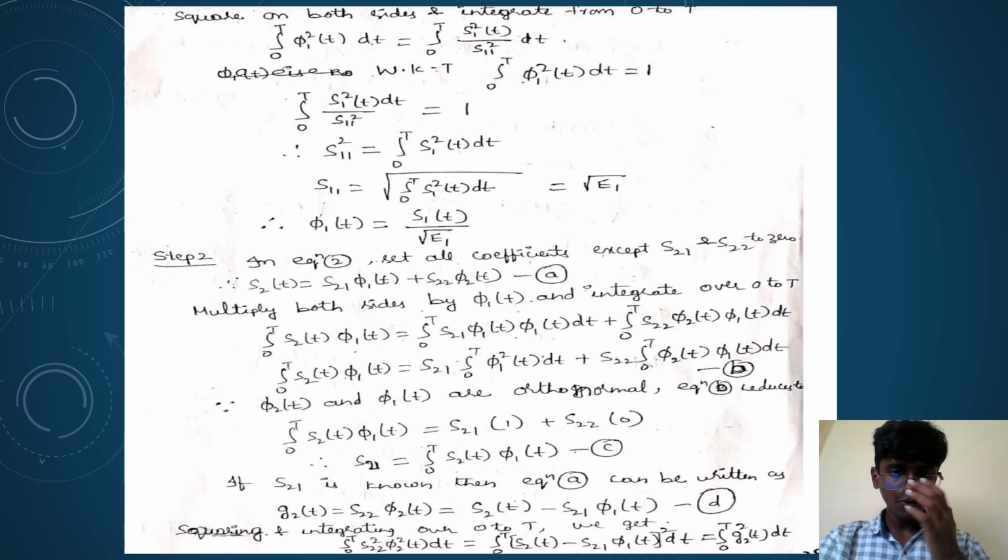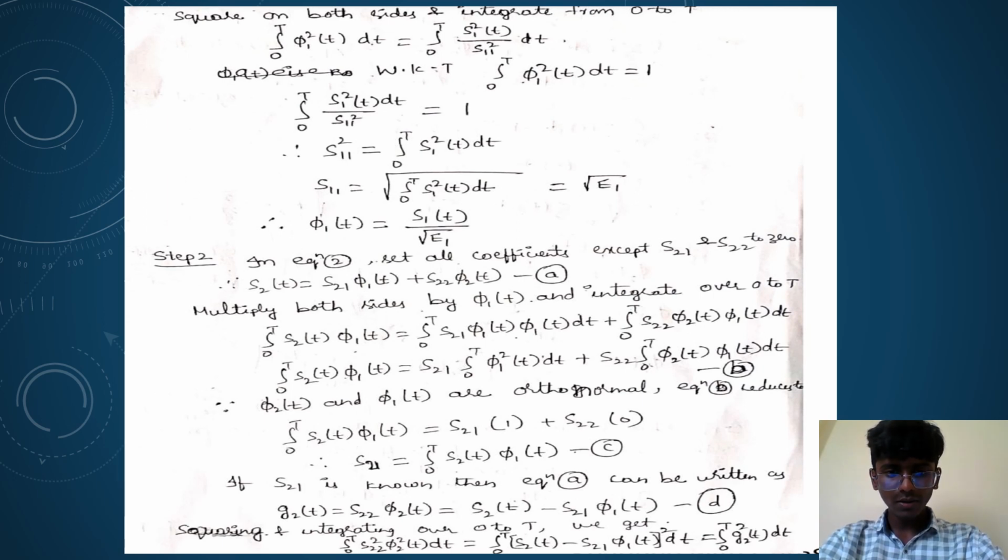Moving on to step 2, as we consider the equations above, set all coefficients except s21 and s22 to 0. s2(t) is equal to s21 into phi1(t) plus s22 into phi2(t), which is equation a. Consider these as equations a, b, c, d, and so on, as we considered the numbers in step 1.